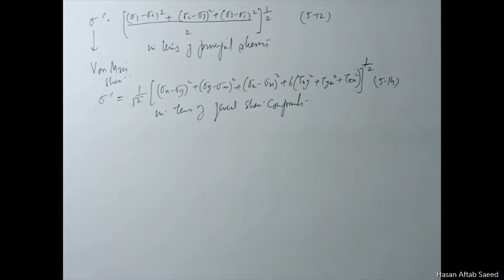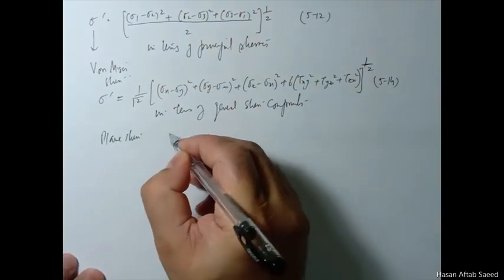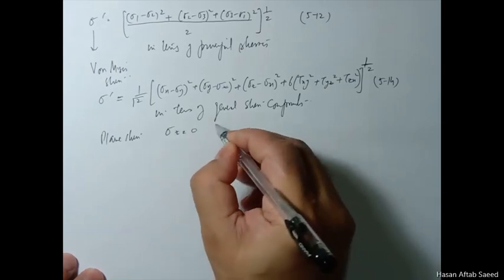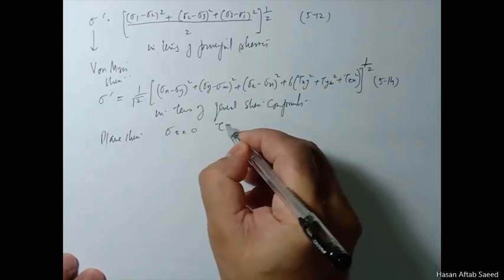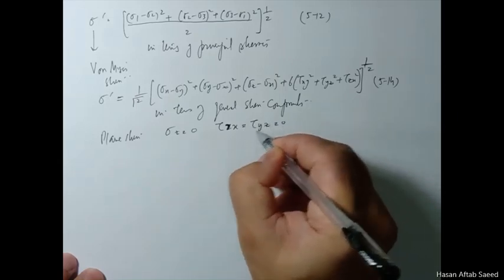Now, when there's plane stress, in plane stress you have sigma z equal to 0, and tau zx equal to tau yz equal to 0, all these values are 0.